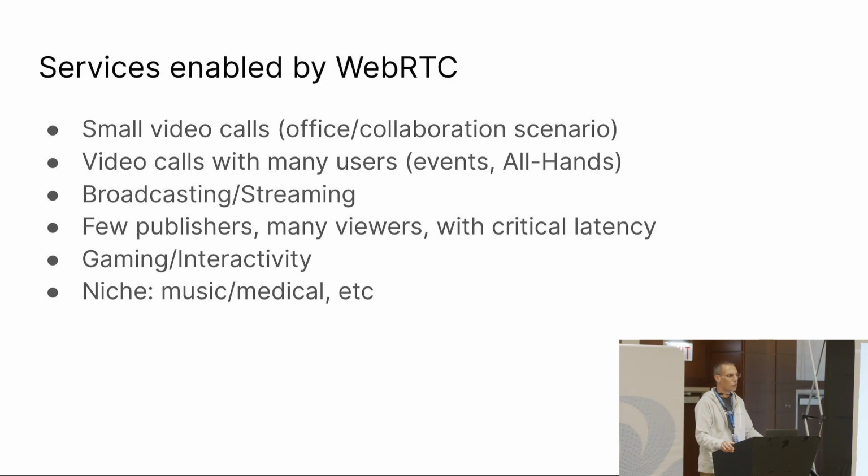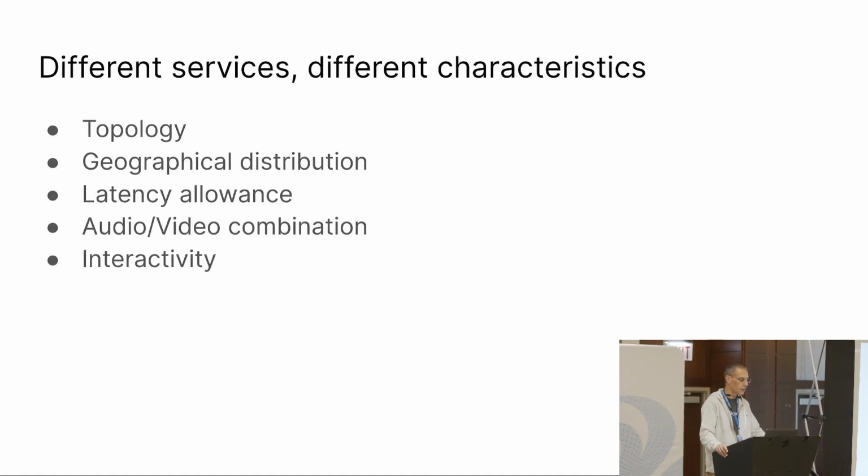And then also something more niche, like even services where people want to play an instrument together. In that case, I saw that, of course, they have very stringent requirements, like they want to stay within 80 milliseconds, which is possible depending on the geographical position of the users. But that was also good to see, and also medical, in case of very low latency and reliability.